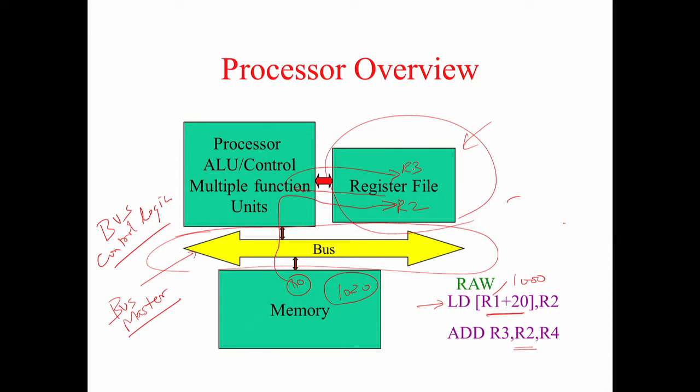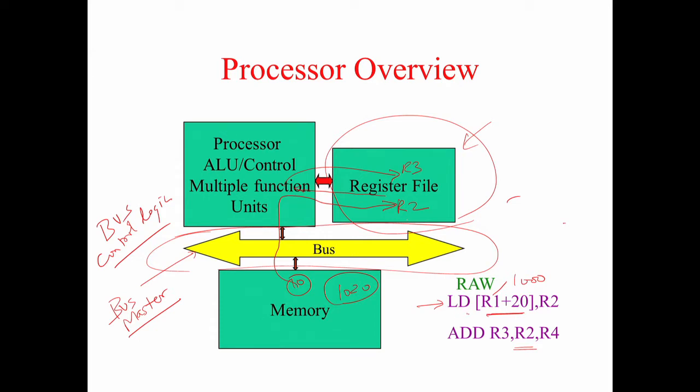So, the data in the first instruction is moving from the memory through the CPU to the register file, and in the next instruction it is taken from the register file and operated upon, and the results are stored back in the register file. So, this data 10 goes to the register file through the CPU and then comes back to the CPU for the next processing.